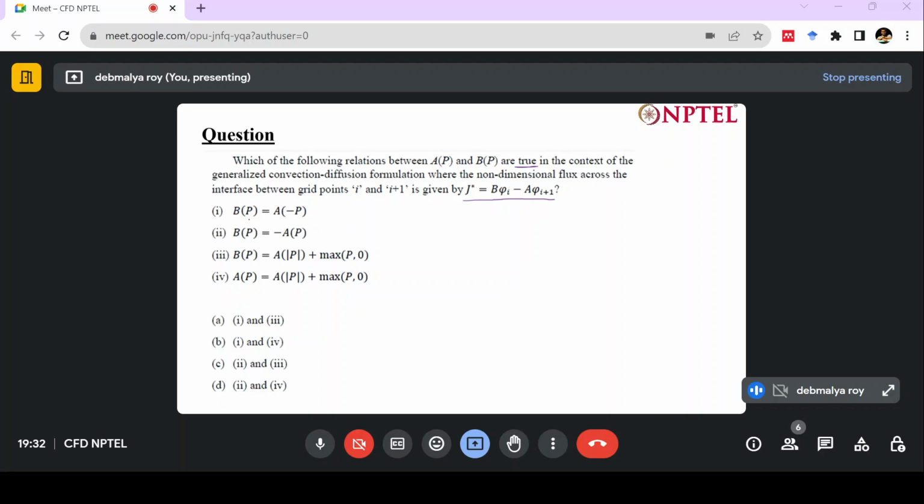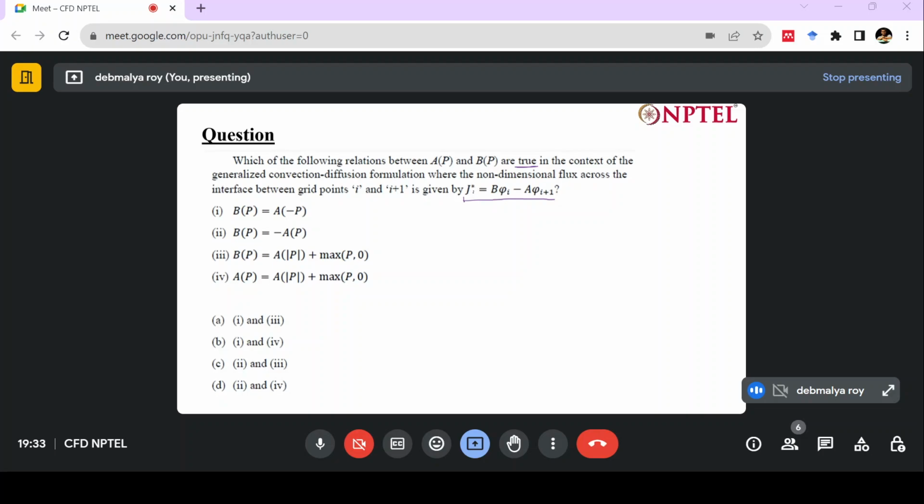So the first relation asks, if our Peclet number is changed to negative, then what would happen? Let's focus on this particular relation. J star is equal to B phi i minus A phi i plus 1.